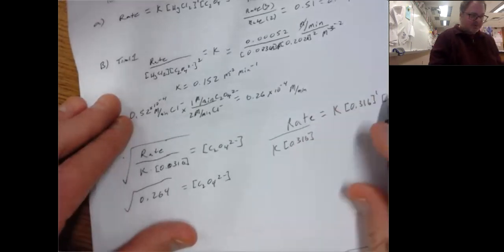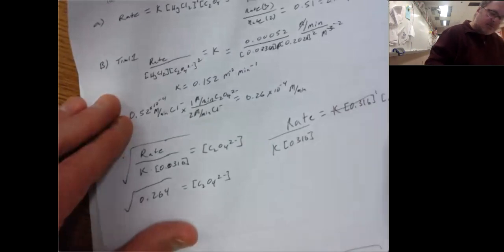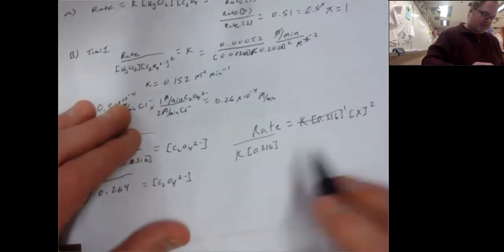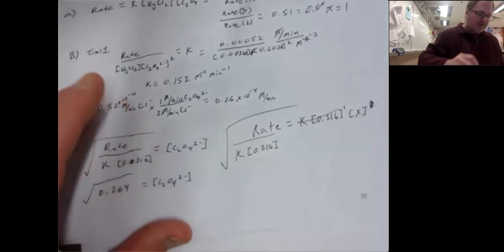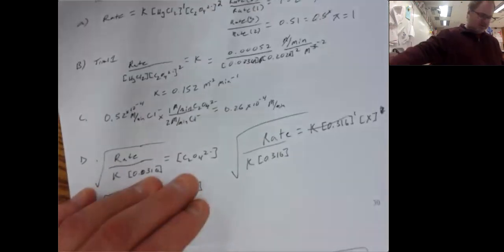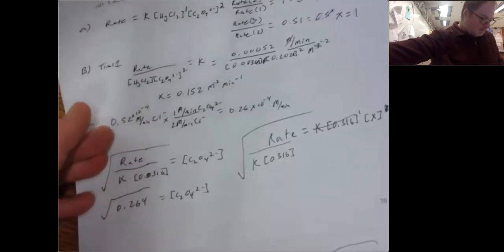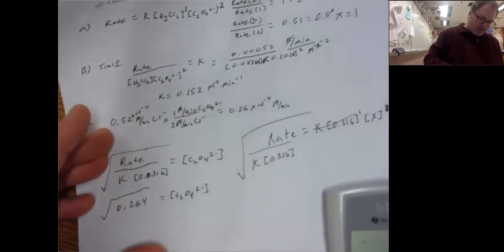That's to the first because it's first order. And that gives us x squared equals that. If we take the square root of the whole thing, then that gets rid of our square there. Doesn't look like I actually put that in there, I guess. Take a look. Square root.